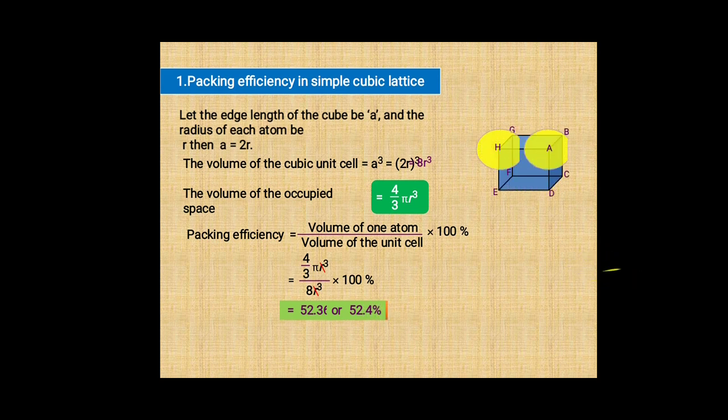Okay, students, you understand now? Understand the diagram first. See, the two yellow spheres represent the atoms present at the corners. These atoms are present at the corners at their centers, and the two spheres are touching each other at their circumference.